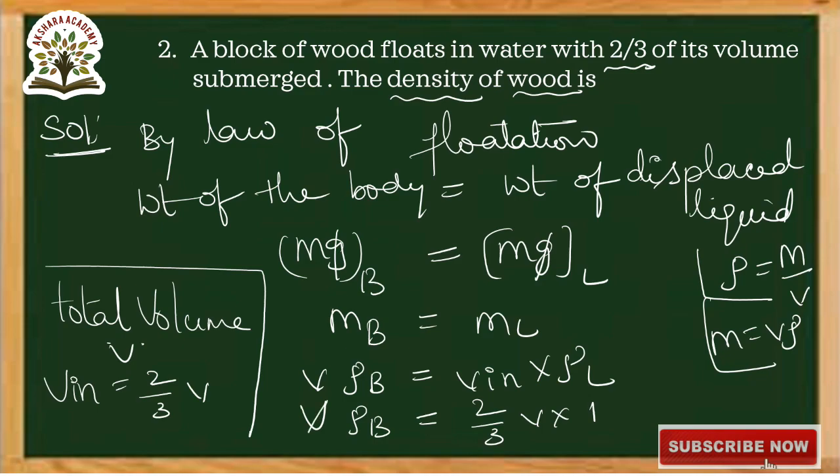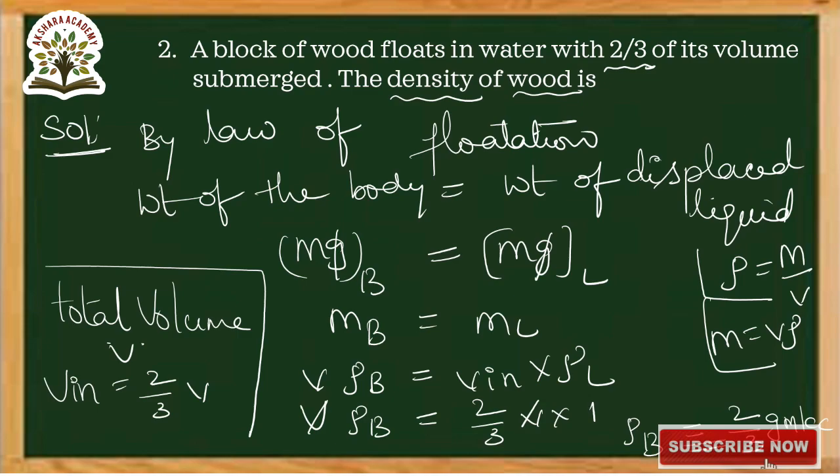So V cancels. Now our final answer: the density of wood, wood being the body, equals 2/3 into 1, that is 2/3 gram per cc. This is the final answer.